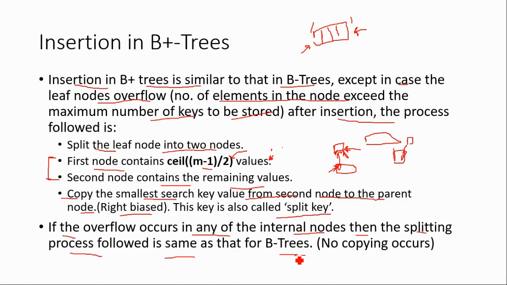That is, we split into two parts, one node contains some elements and the second contains the remaining, and we take out the middlemost value and add it to the parent. Here no copying occurs. Unlike what we did in leaf nodes, in internal nodes we don't copy, we just move it.